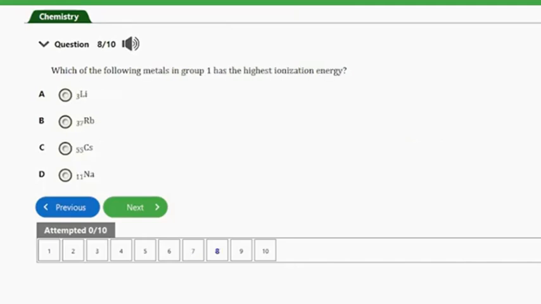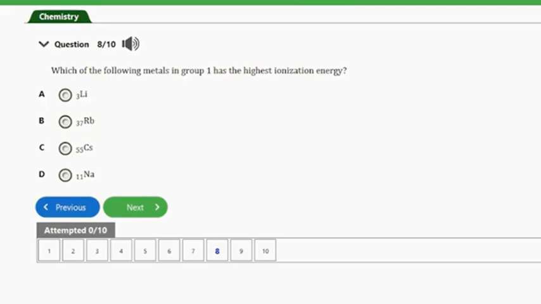Let's look at the next question, and that's question number 8. It says, which of the following metals in group 1 has the highest ionization energy? So we have options: A, lithium, which has atomic number of 3. B, rubidium, which has atomic number of 37.